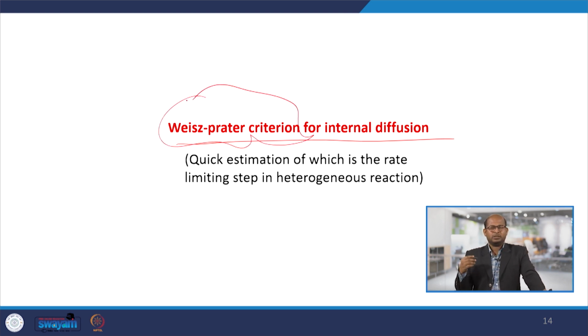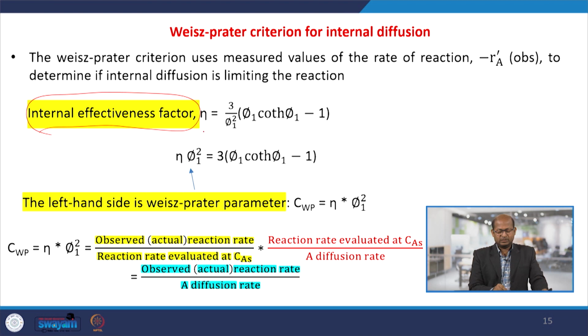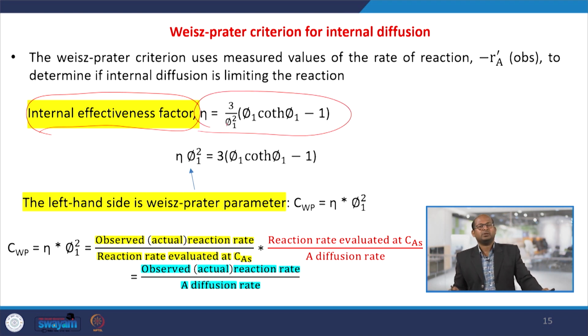There are some parameter values we have to put in, and if they satisfy the Weisz-Prater criterion, then we can say that internal diffusion does not exist in the system. So, the catalyst we have designed for the particular reaction is okay, and we can use it. Here, the internal effectiveness factor and Thiele modulus equations we have already derived.